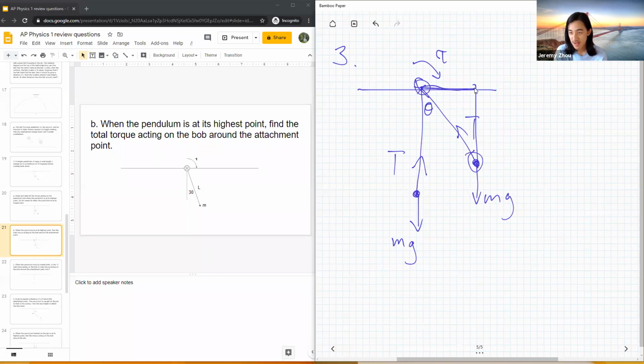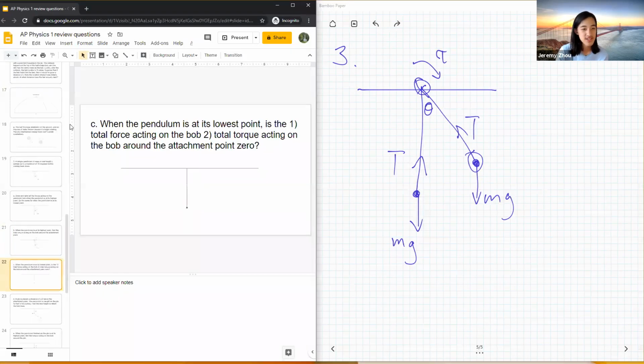You can use this distance and this force. This is r sine theta. This is F. This requires some abstract thinking. There's no actual lever arm there, but it happens to work that if you do physics, you can pretend that it works like that, and the turning amount will be the same. Okay.